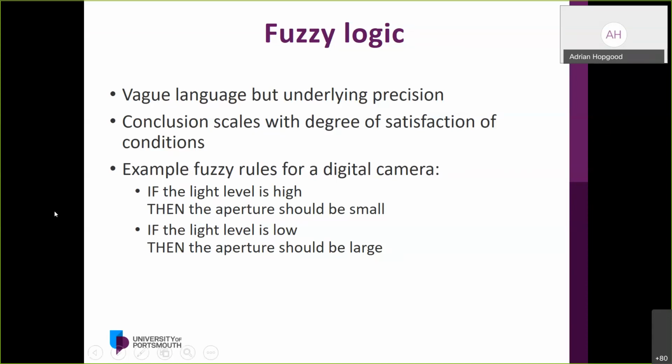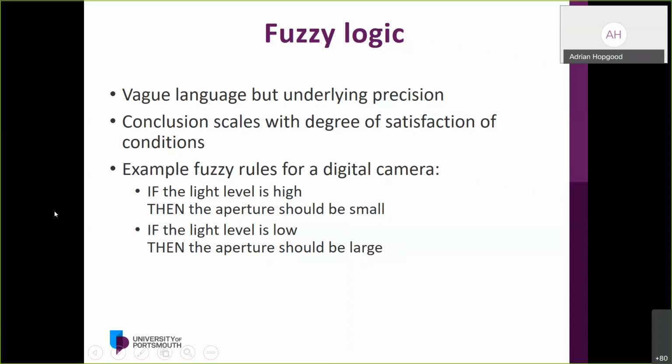And you can capture that requirement into two simple rules. The two simple fuzzy rules: if the light level is high, then the aperture should be small. If the light level is low, then the aperture should be large. That captures exactly what the digital camera has to do. And using just that simple pair of fuzzy rules, you could build a system to do just that.